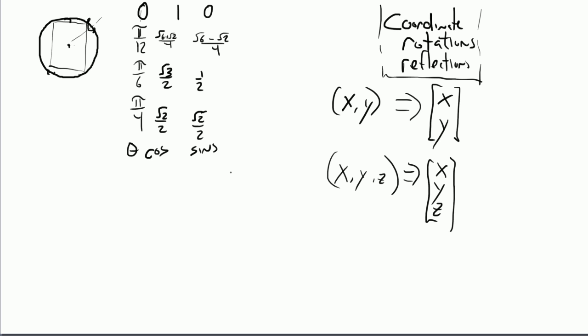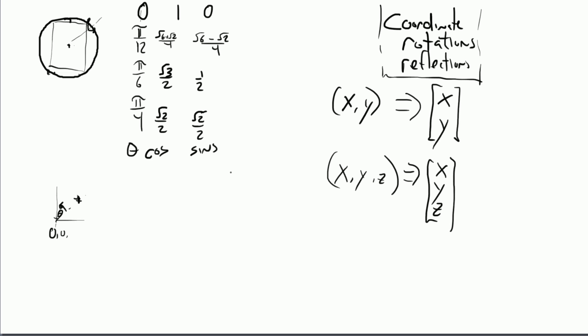And how do sines and cosines come into this? Well, if we have essentially a point in space right here, if this is 0, 0, and I want to rotate that point some angle theta, right?